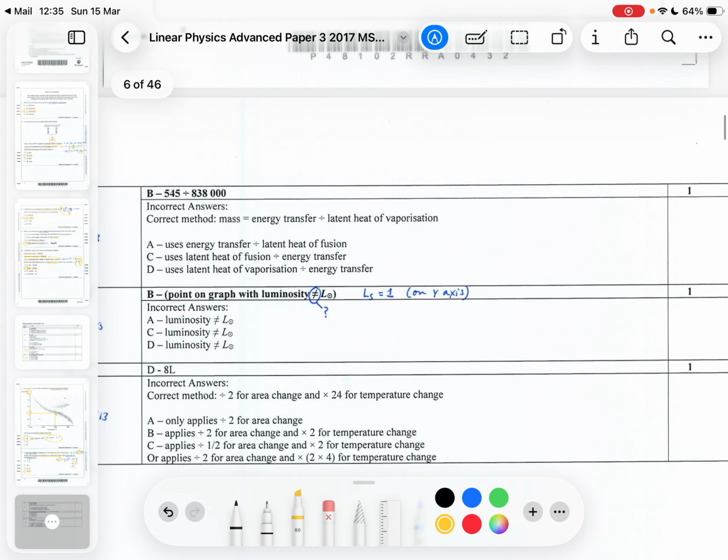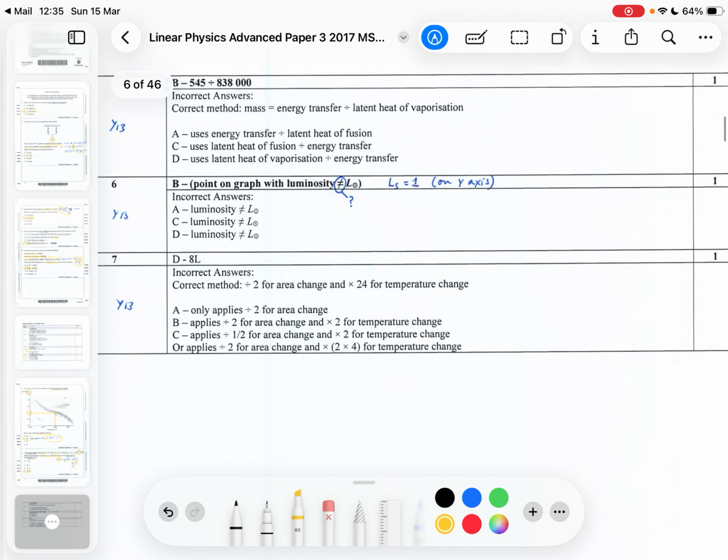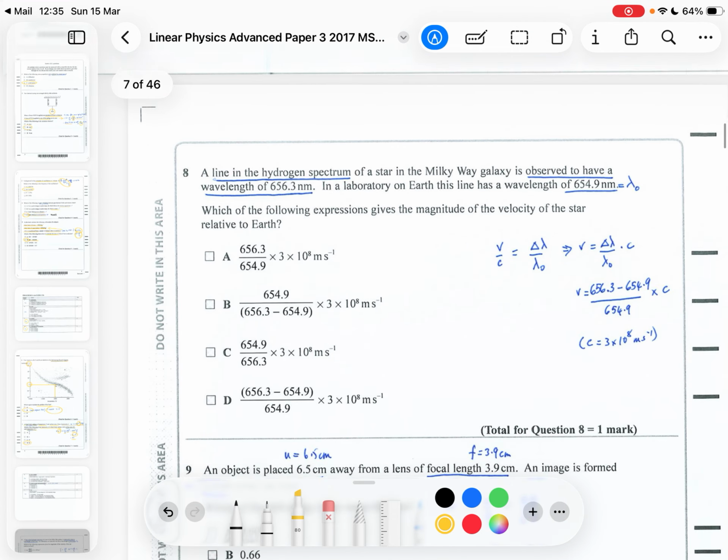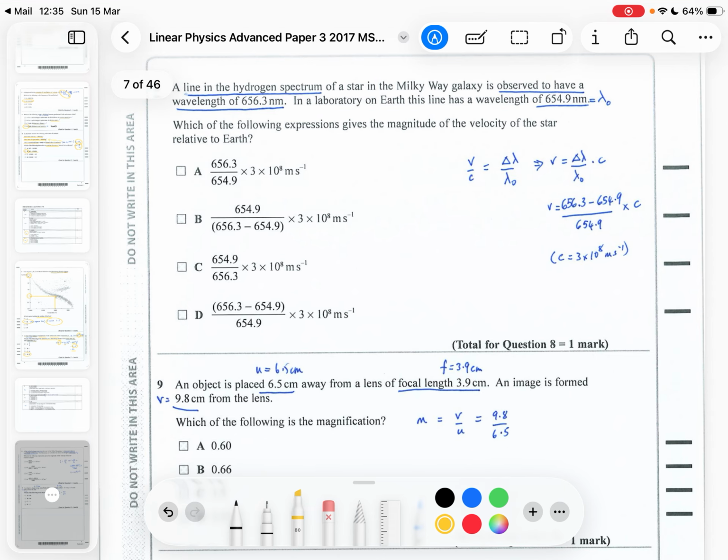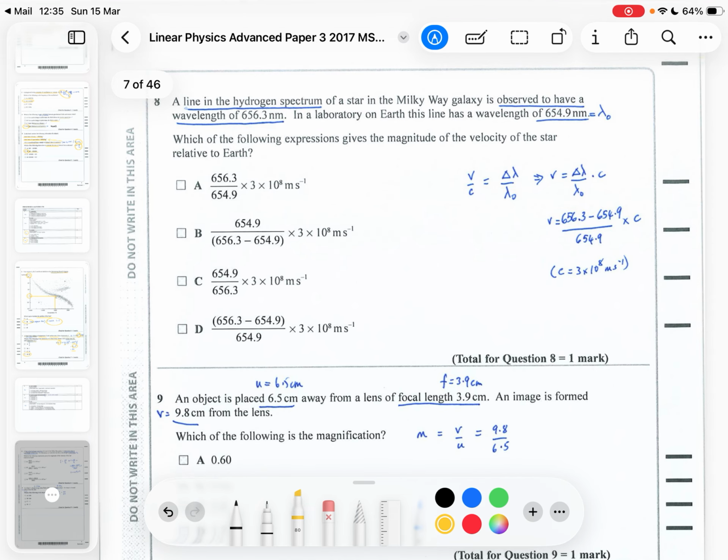And there we go, B, B, and D for the last 3 questions we just went through. And here you've got a line spectra in hydrogen in the Milky Way galaxy. So it's from a star in the Milky Way galaxy observed to have a shifted wavelength of 656.3 nanometers.